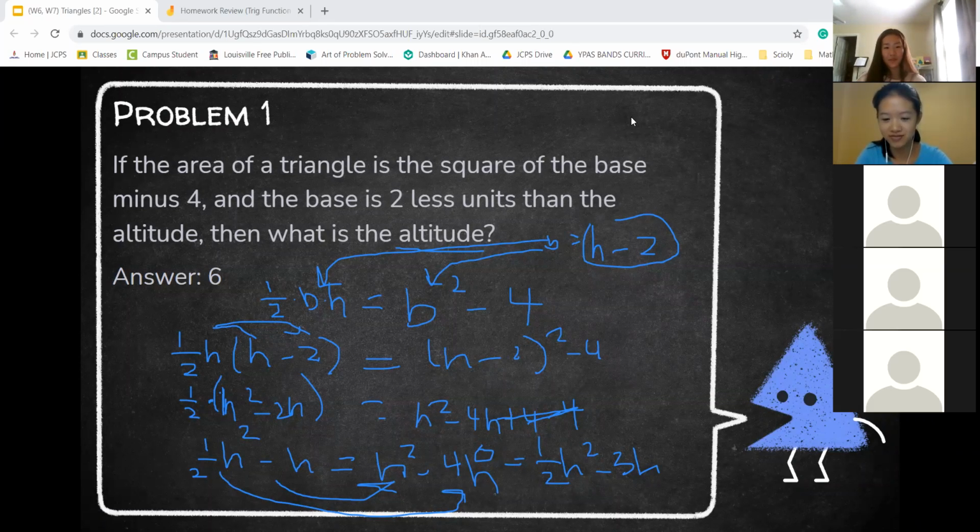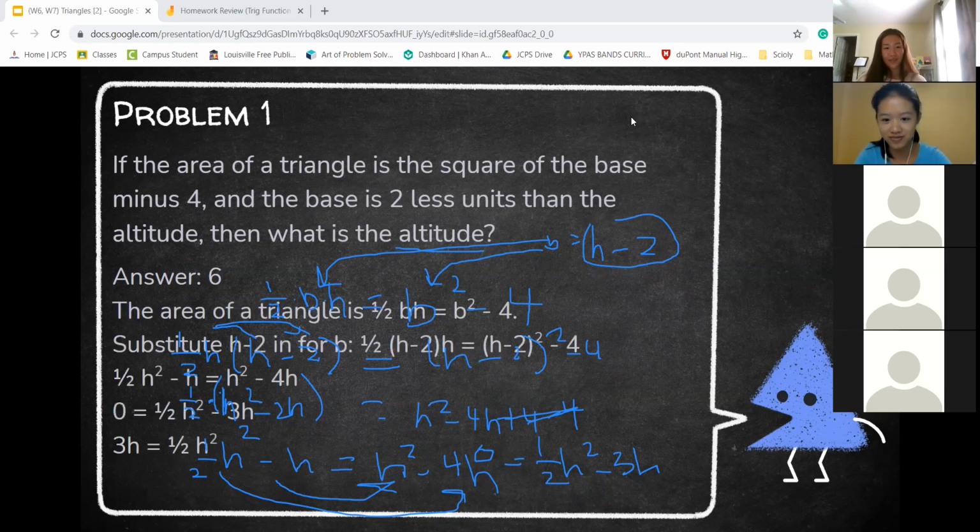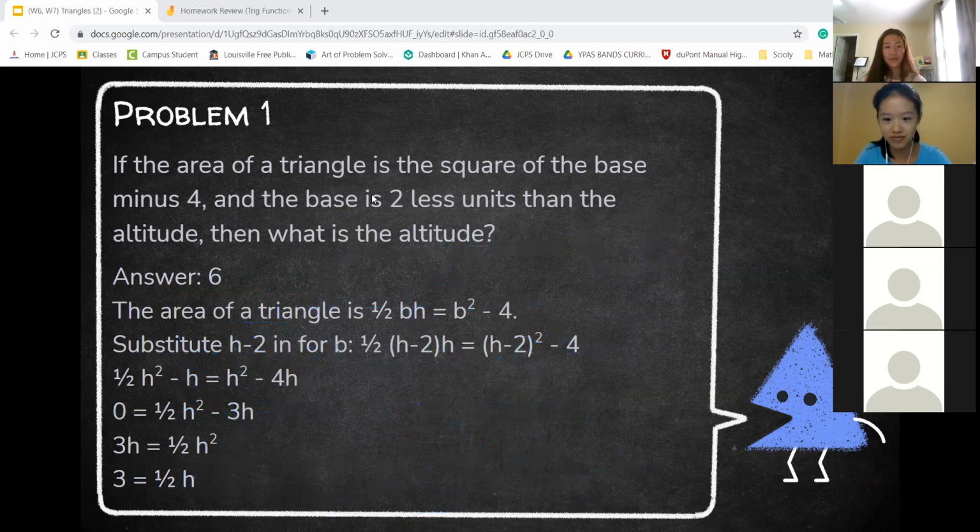I don't have any room, so I'm just going to use this. Okay, so this is a little neater, but we were up to this point right here. You can add 3h to this side and then divide both sides by h, crossing out this, and multiply this over here, which gives us that h is 6.